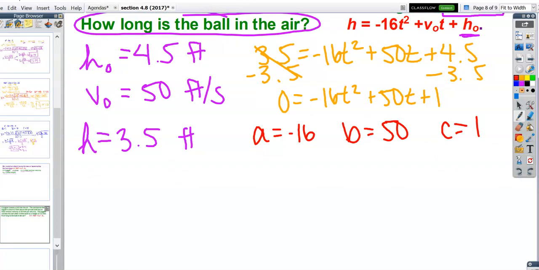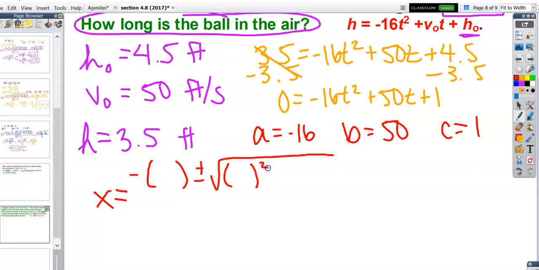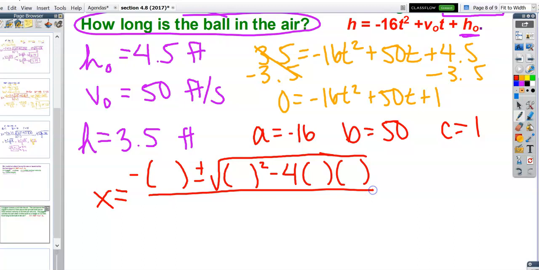Plug it in. X equals negative b plus or minus the square root b squared minus 4ac all over 2a. So negative b plus or minus square root of b squared minus 4ac over 2a.